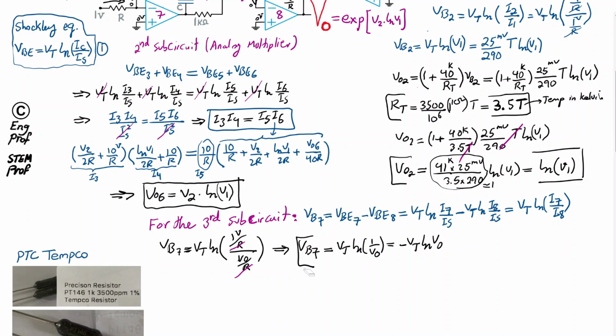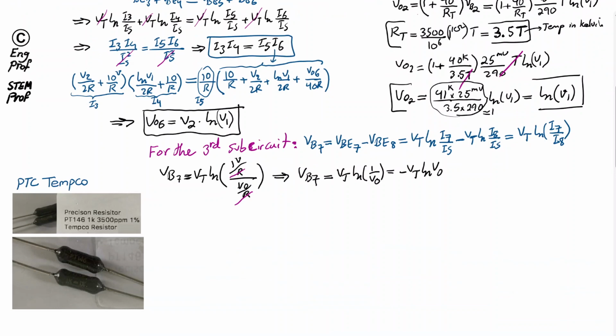We know that the voltage of base 7 is minus RT over 40K times V out 6, which is of course based on the previous outcome. V out 6 is the output of the second subcircuit, which was simply V2 times ln V1.